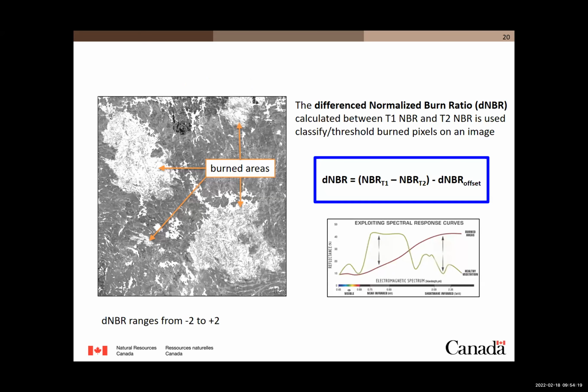At this point in our steps, we're about halfway there to mapping our fire, because the next thing we want to do is create what's called the differenced normalized burn ratio. And this is simply subtracting our pre and post fire NBR images. Now, there are some variations to this equation.